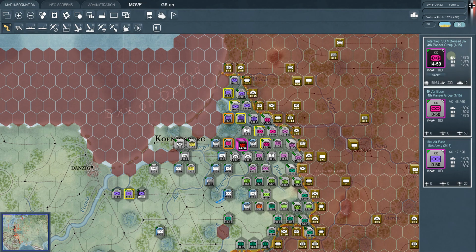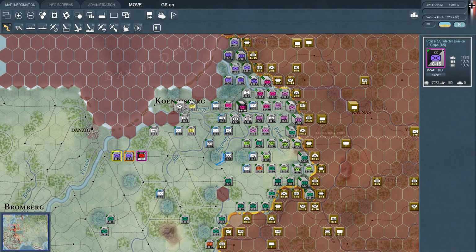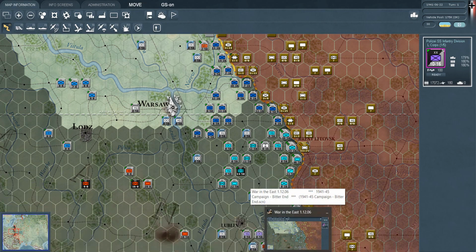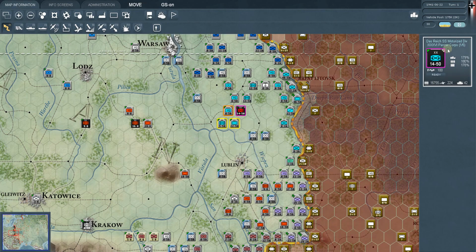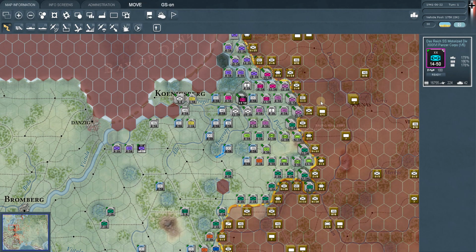But I just did want to point out these special SS units. They're considered elite or maybe just special, or hey, psychopathic, if you will. But they start off with a higher morale than other units in the game as a base. Okay, and we have several of these across the map. You see another one here. Here's the Das Reich SS motorized, and so again, it's a morale difference, really.